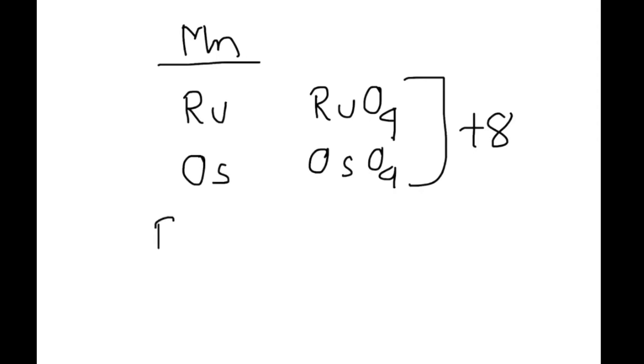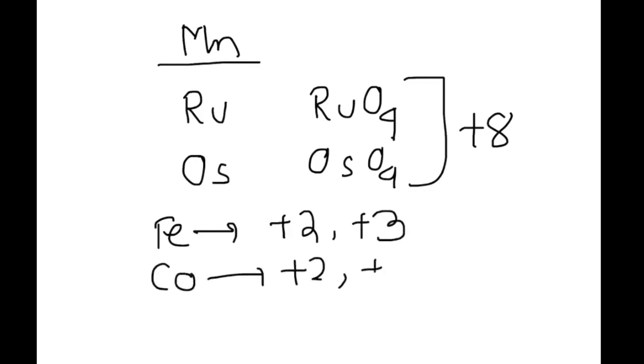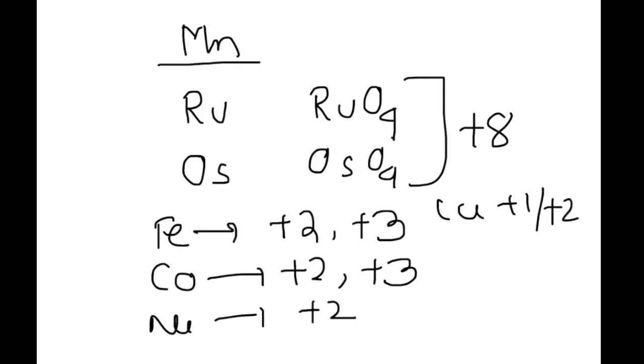For example, iron exists as either +2, +3 state, cobalt +2, +3 state, nickel +2 state, copper +1, +2 state, zinc +2 state. Here, higher states do not exist.